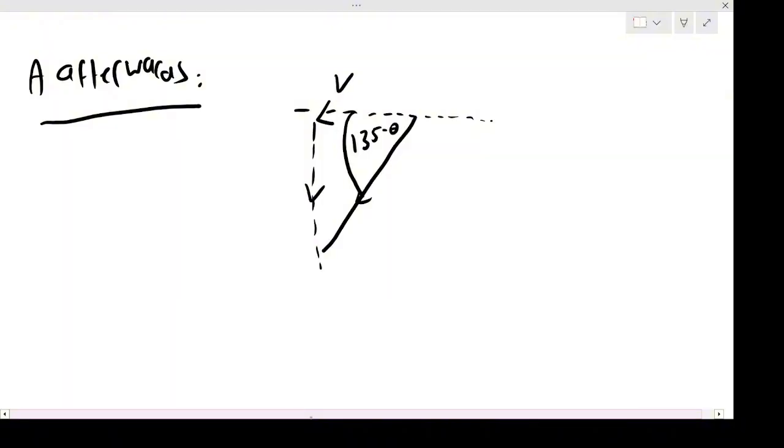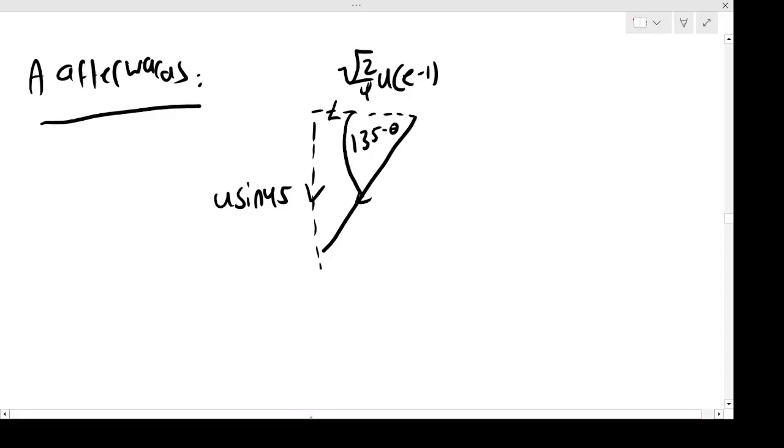Now the perpendicular, the vertical part was U sine 45, right? Hopefully happy with that. Now V, again, if you remember, is actually root 2 over 4U of E minus 1, okay? And actually we can simplify U sine 45, because sine 45 is root 2 over 2. So this is root 2 over 2U. And so you can see I've got this sort of triangle here then. Hopefully happy with that.